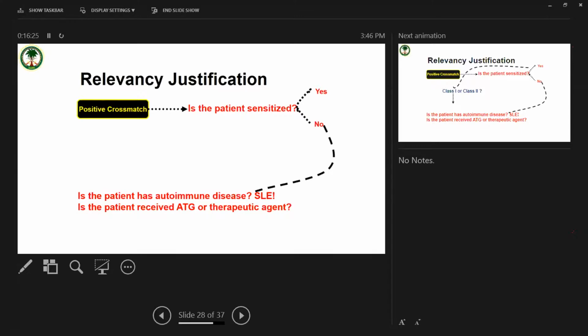If the patient is not sensitized and the cross-match is positive, then we need to communicate with our clinical team and ask, does the patient have autoimmune disease like SLE or receive any therapeutic drug like rituximab or IVIG, because both of those give false positive reactivity.